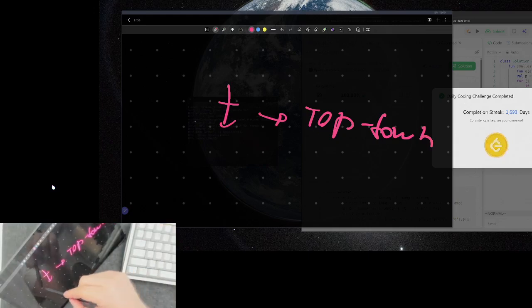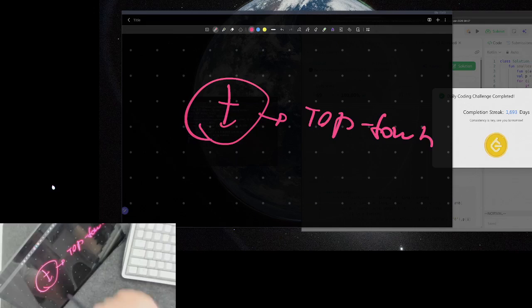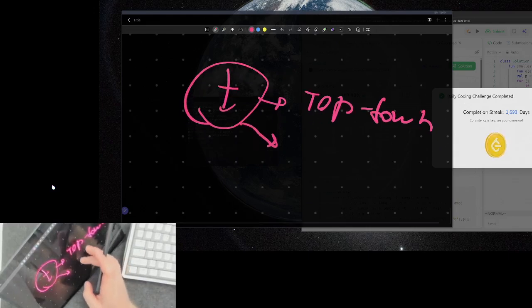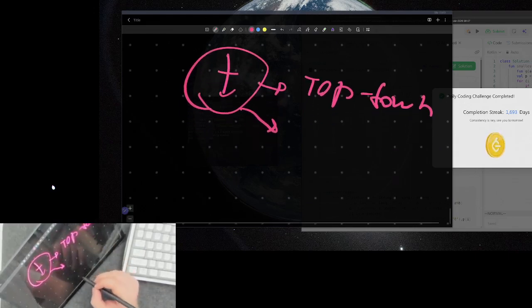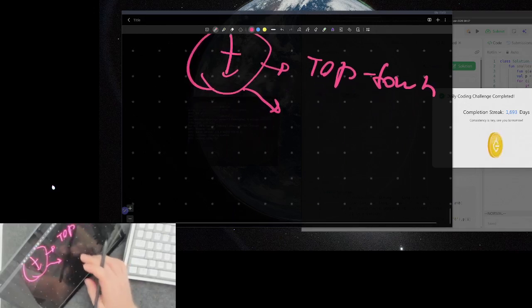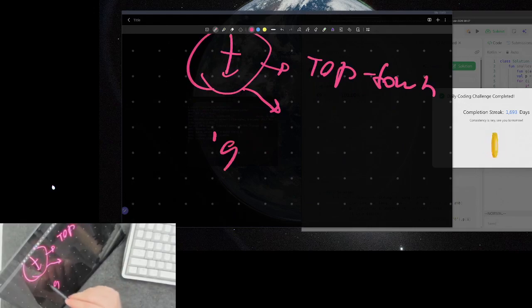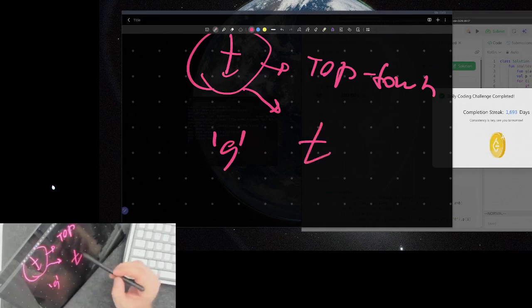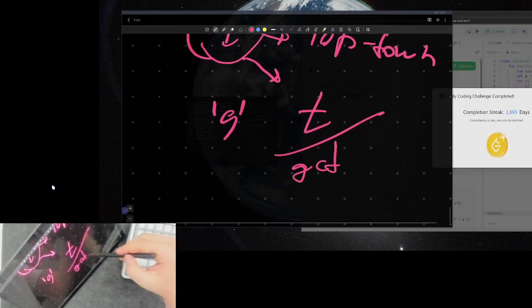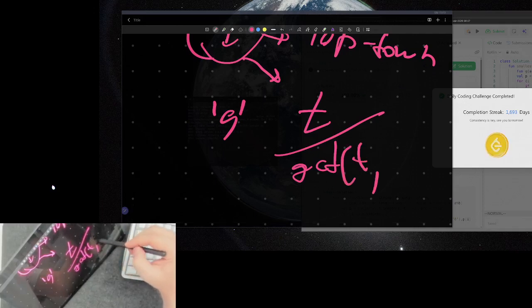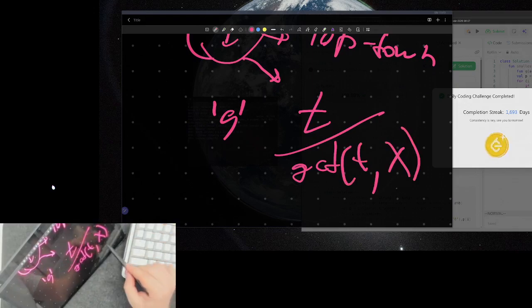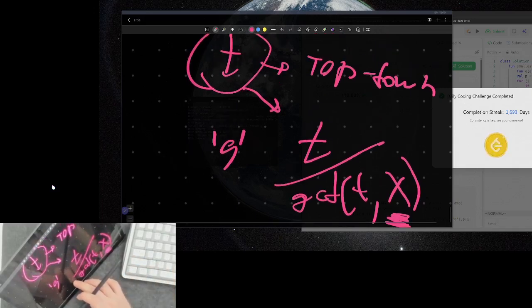Basically, to find that a number is divisible by t, we are computing from this t, and to make it work we do it with digits. If you divide t by the GCD, greatest common divisor, of t and some number x, this could be a digit, this could be another number, but this doesn't matter.